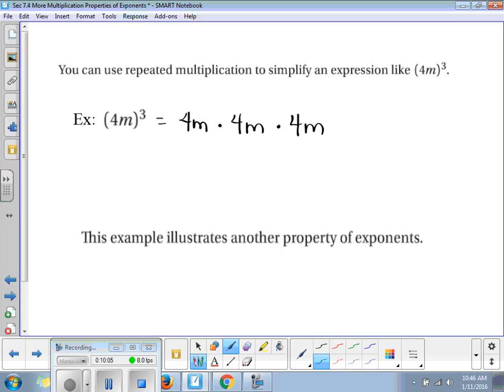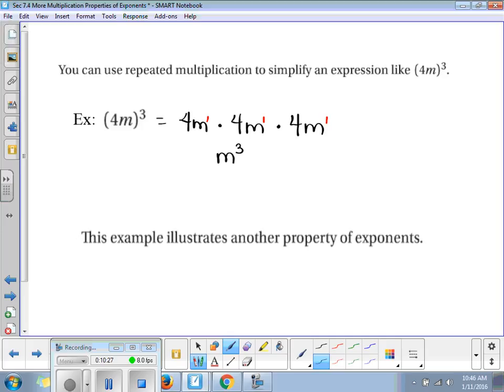What exponents do I have on these m's? Ones. And what do I do when I multiply powers? You add the exponents. So this is going to be m to the third power.